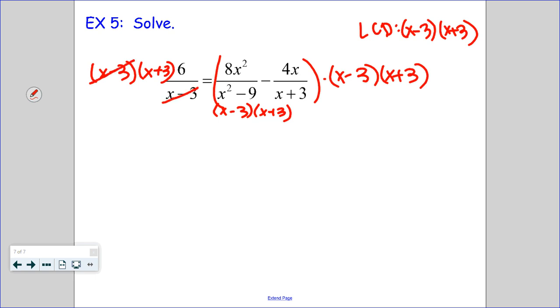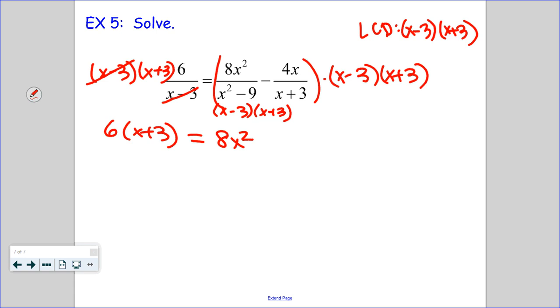X minus 3. So I'm going to be left with 6 times x plus 3. And then this denominator is the same thing as that, x minus 3, x plus 3, so both of those are going to go away. You can write this out and cancel again if you want to. I'm just going to try to save a little space here.